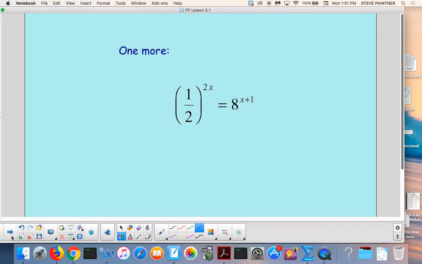You can change your base to anything you want. So it would be this because that's 8. And now you got base 1/2. Good.